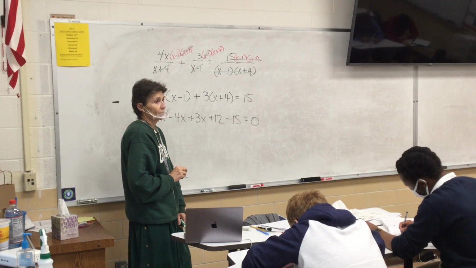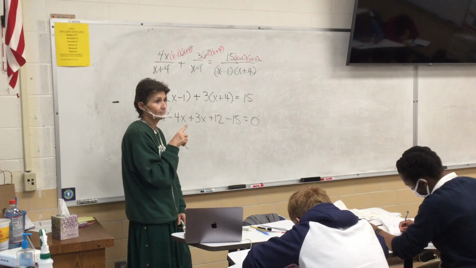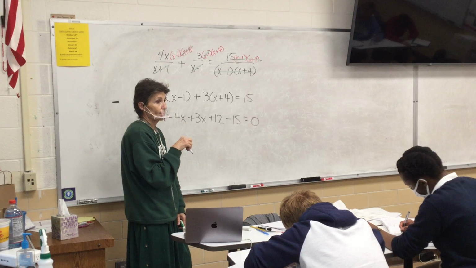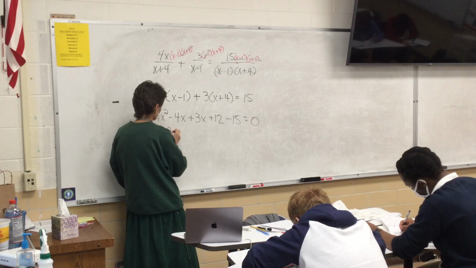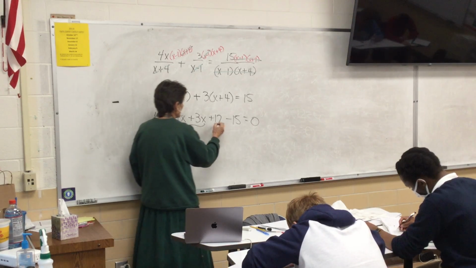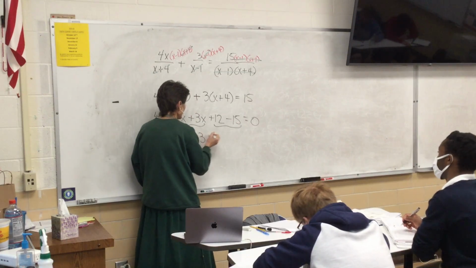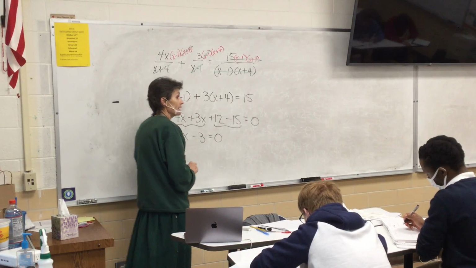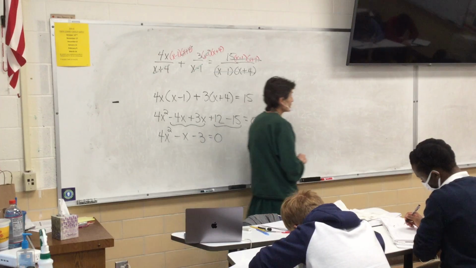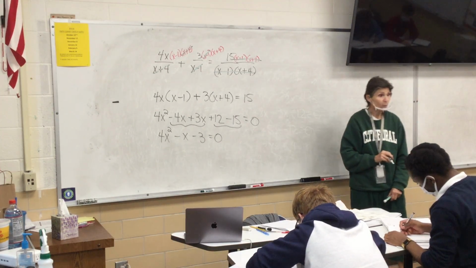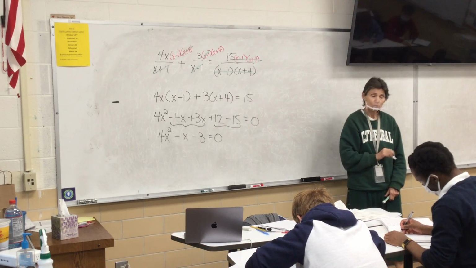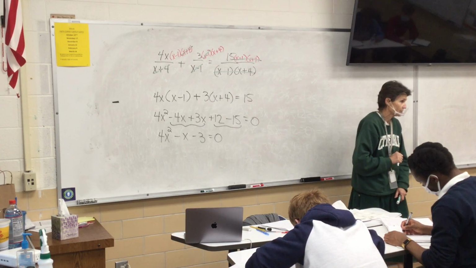Could be a negative X. Did everybody keep up with all that? So 4x squared, these can add to give me negative x, and these can add to give me negative 3. Now again, since we are simply solving the equation, we want to know what x equals, you are allowed to use the quadratic formula if that's what you want to do.